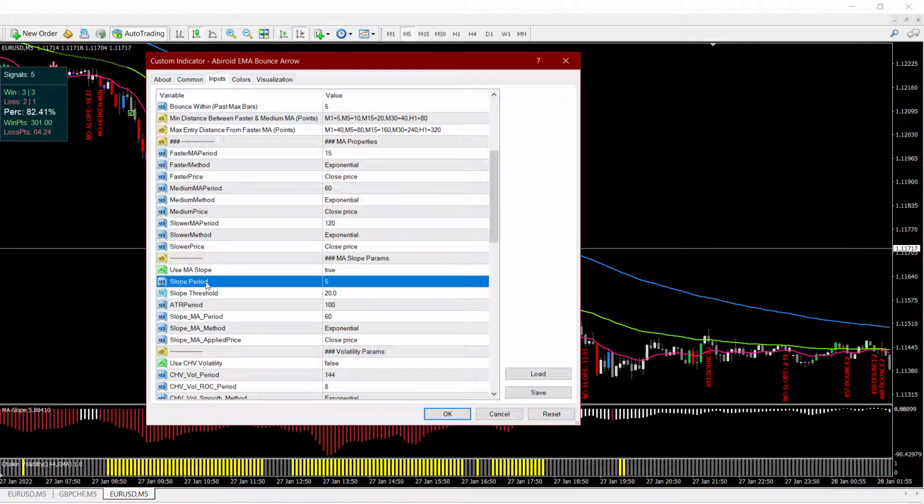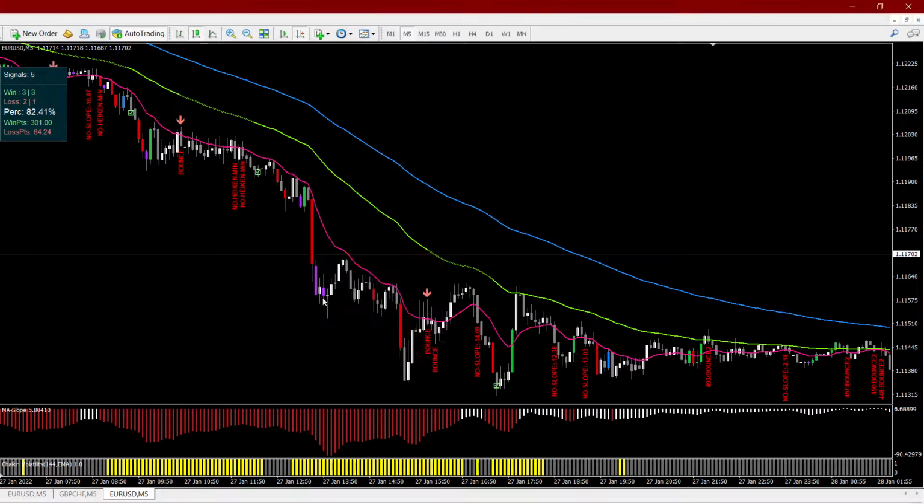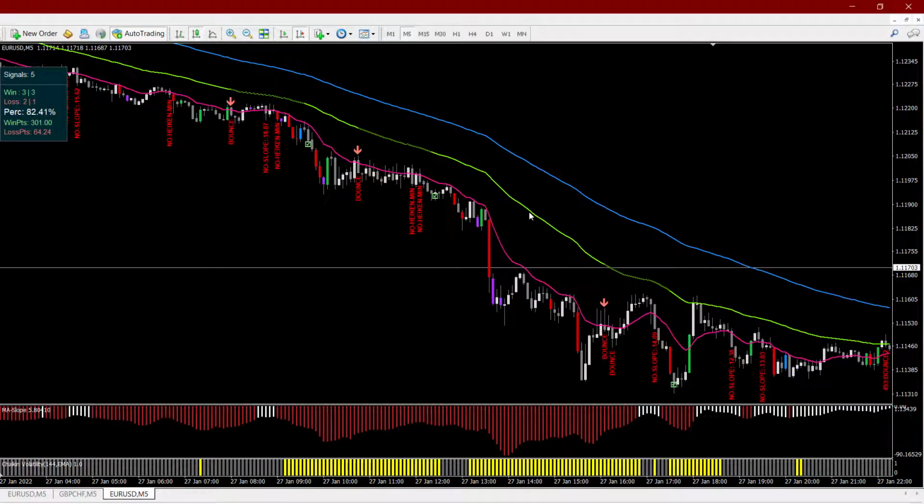And this slope period is the actual distance between the 2 points. It will take the moving average point right here and 5 bars past, right here. So it will calculate the slope between them. Right here the slope is very small, and if we go right here, this and 5 bars right here, this is the angle which it actually calculates.